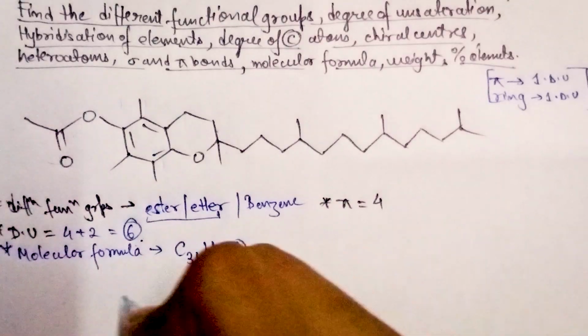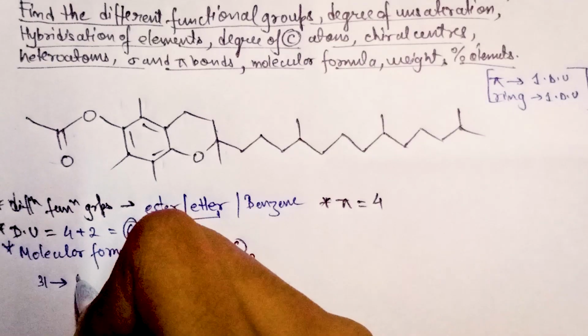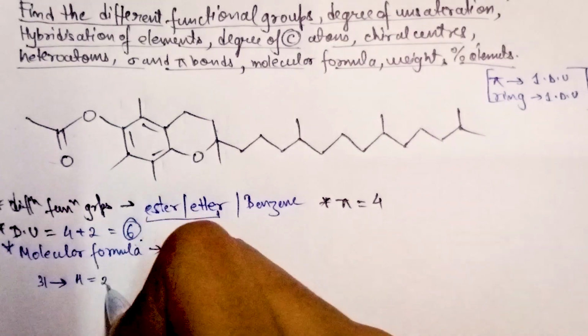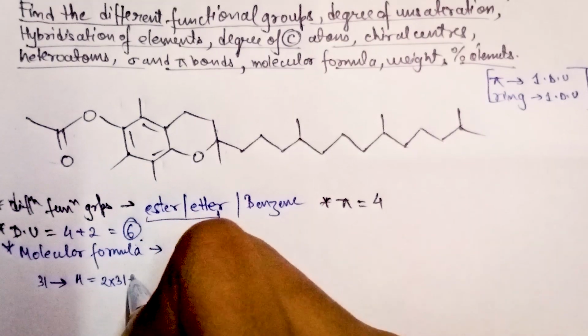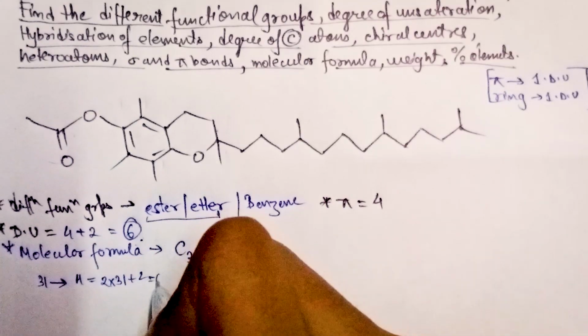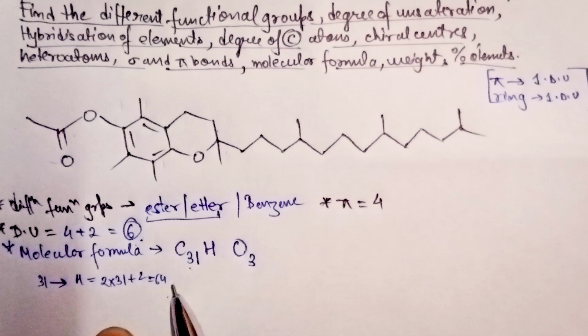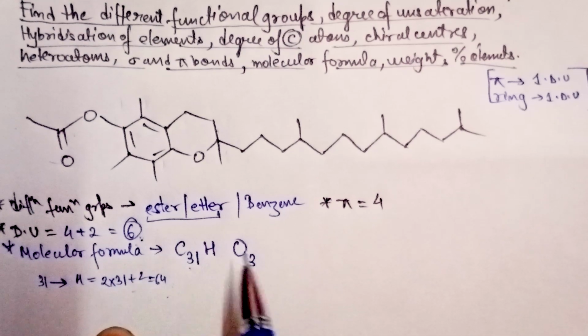We know for 31 carbons, the number of hydrogens required is 2 times 31 plus 2, that is 62 plus 2, that's 64. Therefore, this molecule must contain 12 less hydrogens, 6 times 2, than 64.